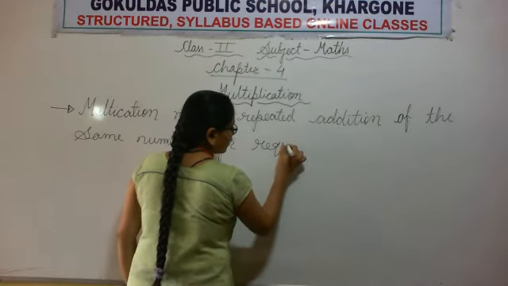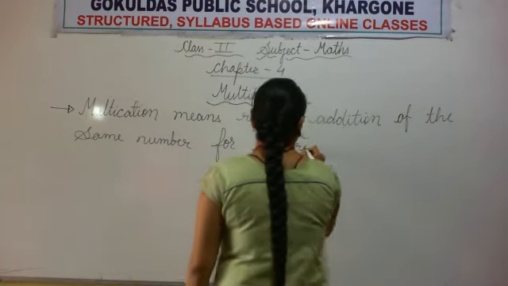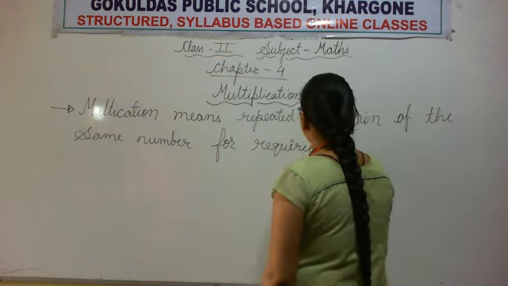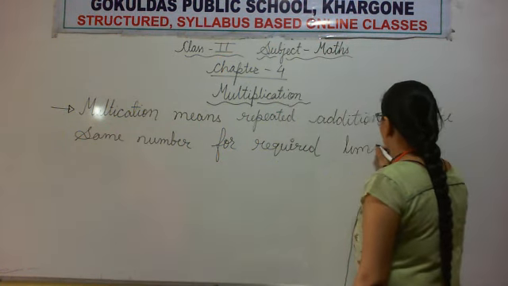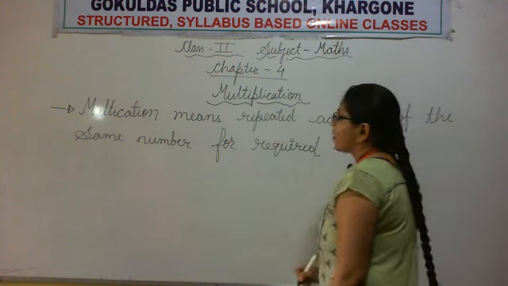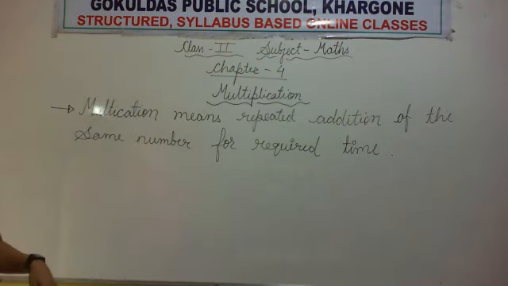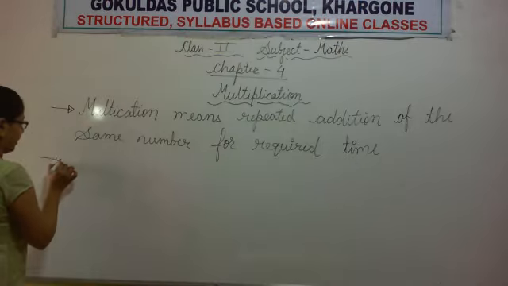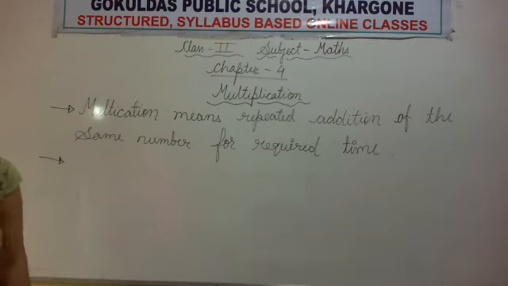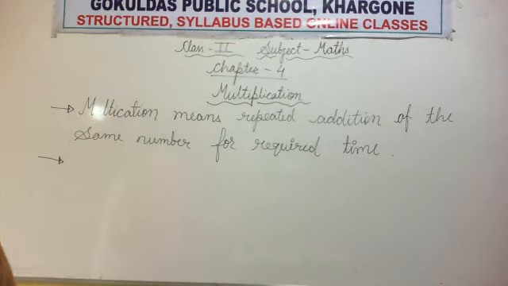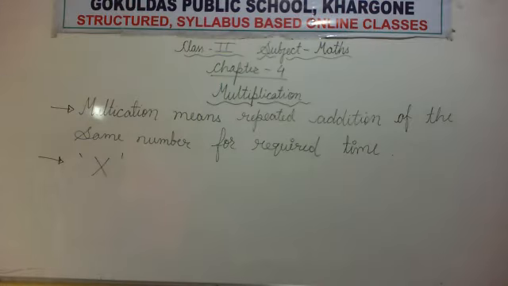Multiplication means repeated addition of the same number for required time. Now, the sign used for multiplication. This cross sign we are using for multiplication.